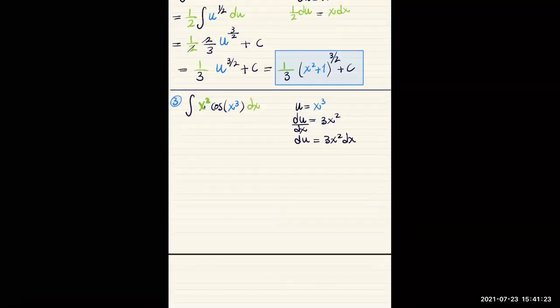Okay, so I'm looking at this and I see my x squared dx. There is your x squared dx. I can solve this relation for x squared dx and plug for that. All I got to do is divide by 3. 1/3 du is equal to x squared dx.